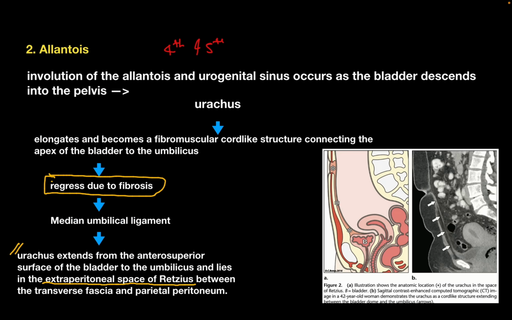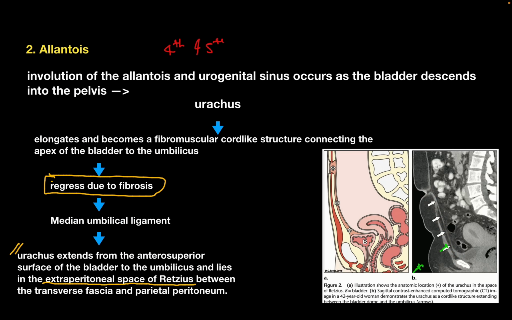Here we have the sagittal section of the pelvis, and we can see the urachus as a cord-like structure extending between the dome of the bladder and the umbilicus. It lies in the space of Retzius. It is accompanied on both sides by the median umbilical ligaments, which are obliterated remnants of the umbilical arteries. So this is about the embryonic development and anatomy of the urachus.